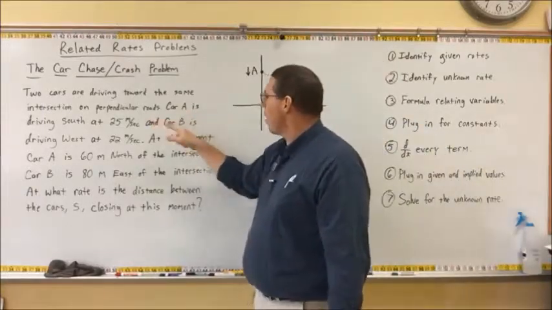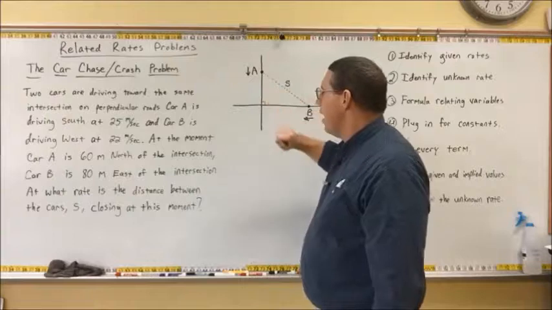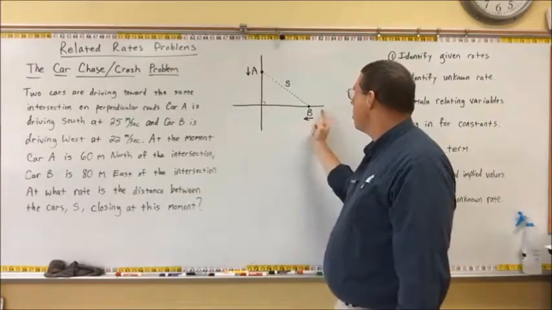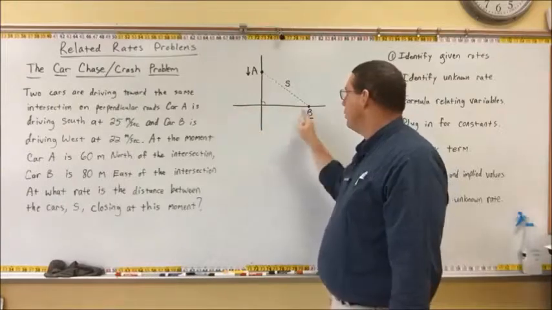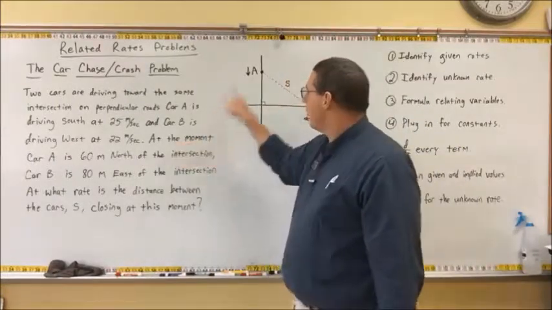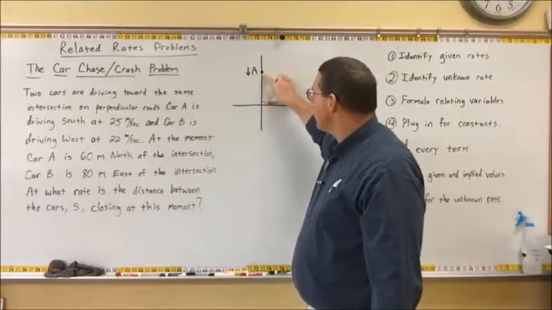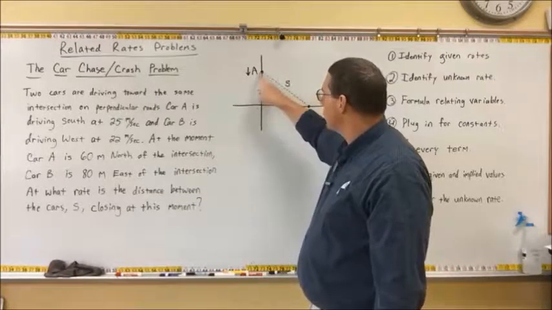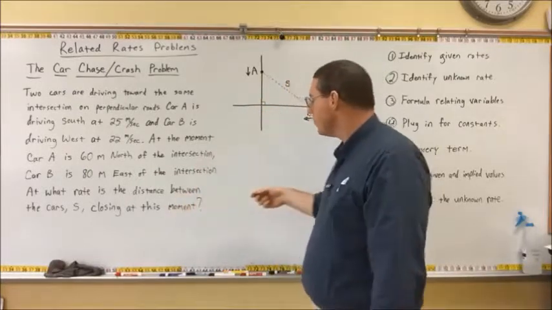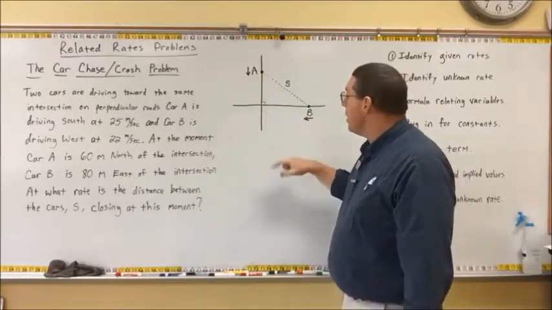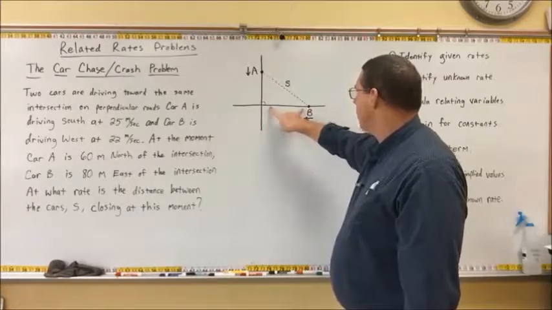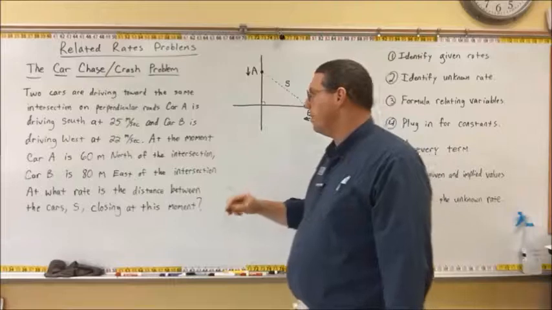Car A is driving south at 25 meters per second, and car B is driving west at 22 meters per second. At the moment that car A is 60 meters north of the intersection, so the distance from the car to the intersection is 60 meters, car B is 80 meters east of the intersection. So now this is 80 meters at that moment.